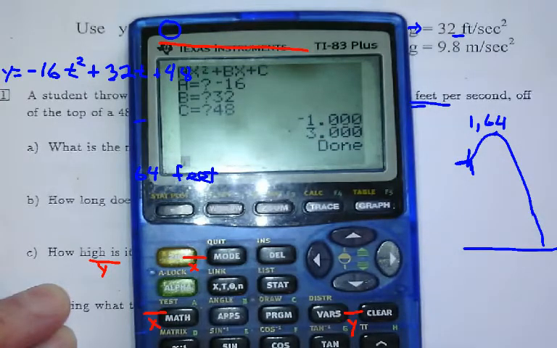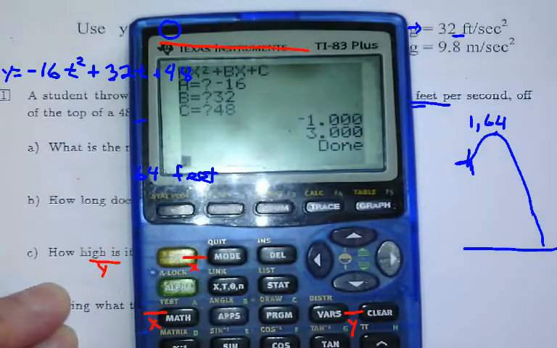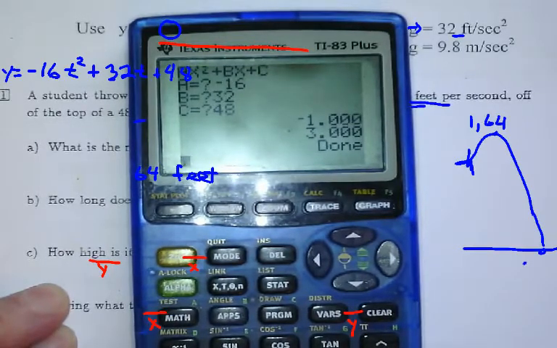So that means this coordinate right here is 3, 0, right? Now, like I said, there's another x-intercept over here, but the parabola didn't come up out of the depths of hell and go up here and then come back crashing down.